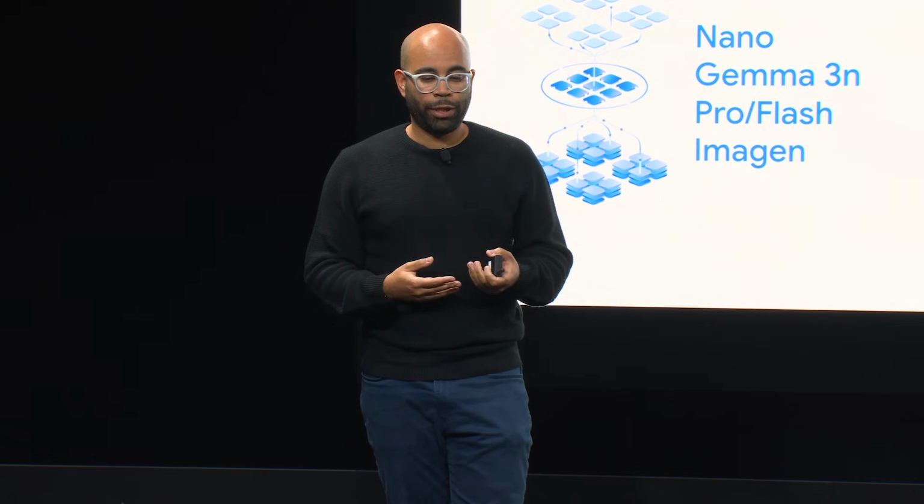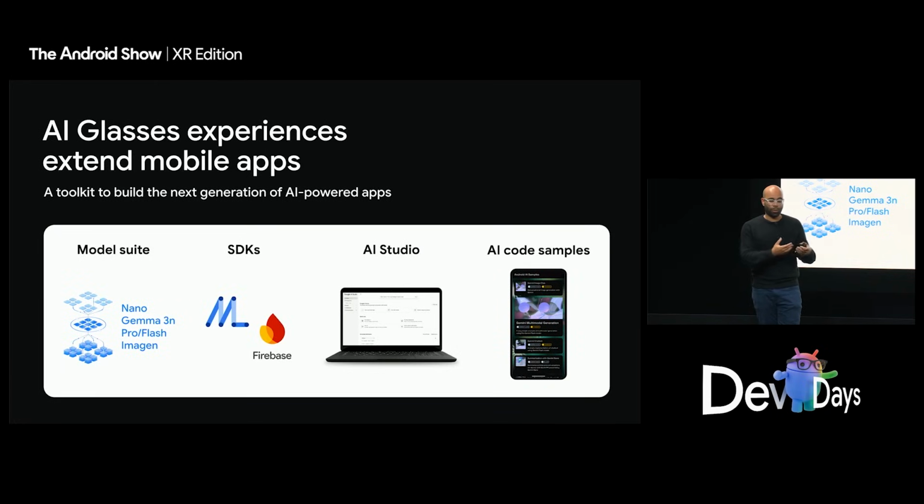We are also supporting a comprehensive developer experience by providing a set of models, SDKs, Google AI Studio that helps you create and iterate on your prompts, and also code samples that let you see AI capabilities in action. And this is the toolkit that will enable you to build the next generation of Android apps leveraging AI.